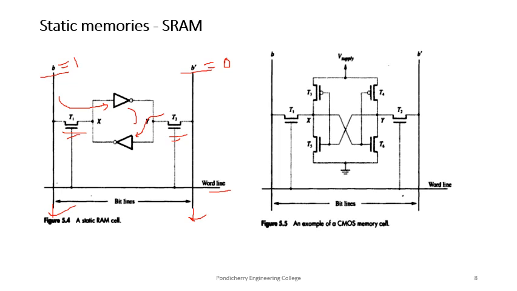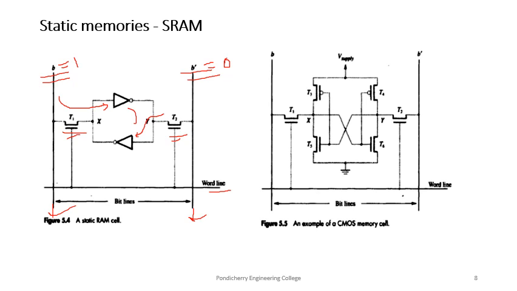In this case the inverter input becomes 1 when you write a 1, so the other side becomes 0. This is the complement value or B bar line, and this is the actual bit line, and this 1 will be stored as long as the power is there or until we rewrite or change the value.